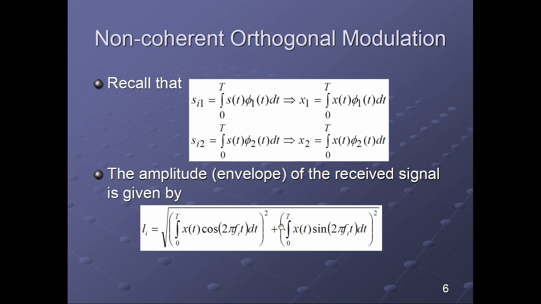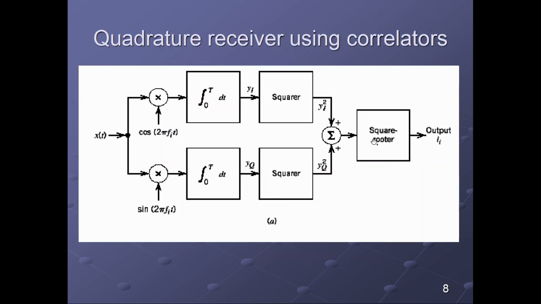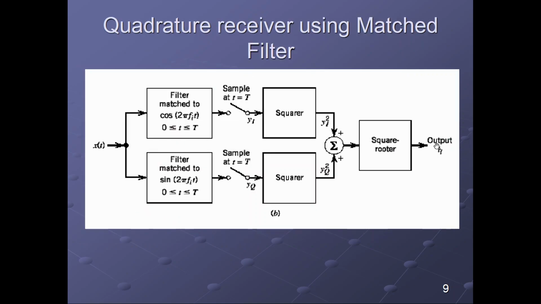This is the sum in the formula. See, I translated this formula into a block diagram. After the sum, what remained? The square root. You pass it to another block that takes the square root, and then you get your output signal l_i. Now, you use l_i to decide whether it's 1 or 0 based on the value.